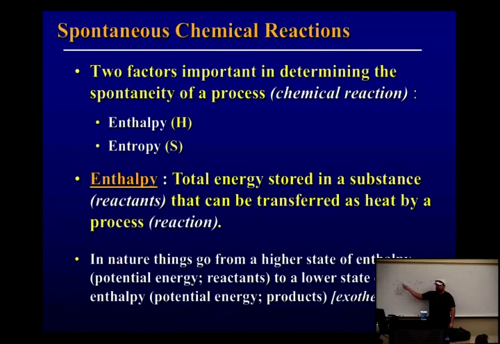So Gibbs free energy, named after a guy named Gibbs, who developed this equation. This delta H represents another term which is on the board, which is enthalpy. This is a measure of the energy in a system which is available.